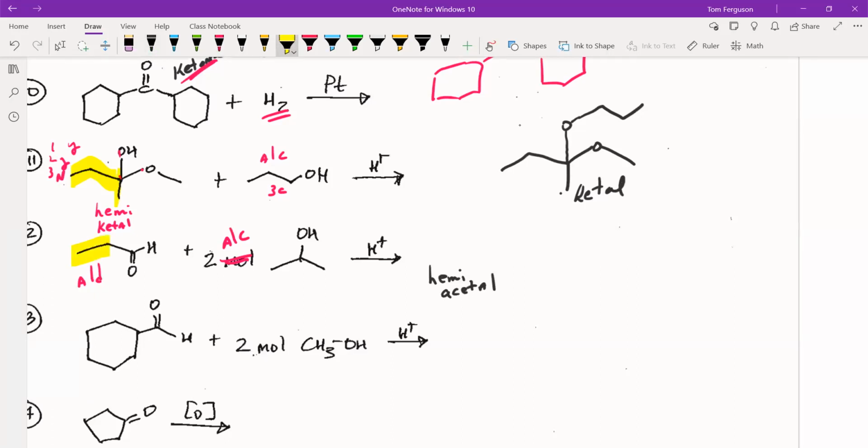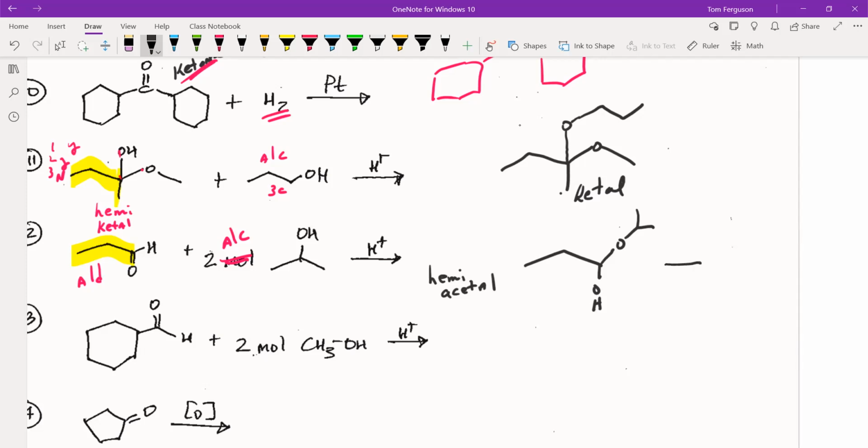Backbone is going to be 1, 2, 3. Okay, so the first alcohol here goes where the carbonyl is, and then we'll produce the OH group there. And because I didn't write this worksheet up, by the way, it says 2 moles of the alcohol. In other words, we're going to keep on adding it.